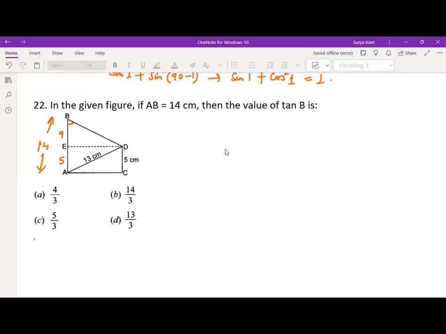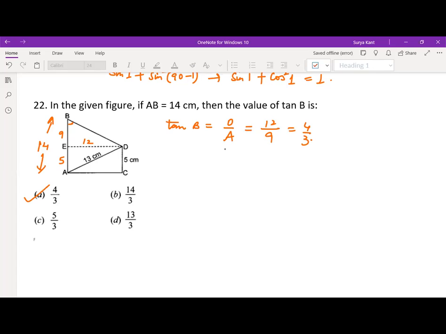How to find this? This is 13, this is 5. So you can find the other side also. AC is 12, right? So tan B is equal to what? It's 4 by 3 is the answer. Tan B is equal to opposite by adjacent, and opposite is 12, adjacent is 9. The answer is 4 by 3.